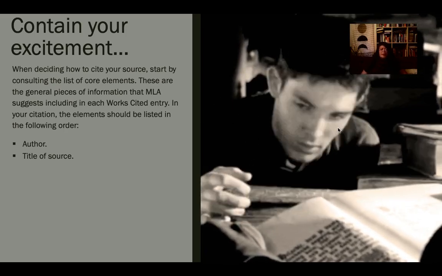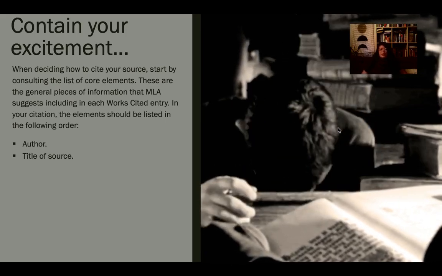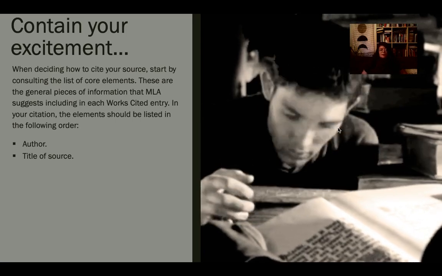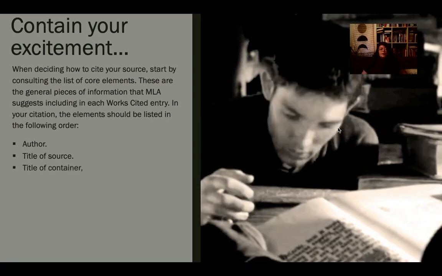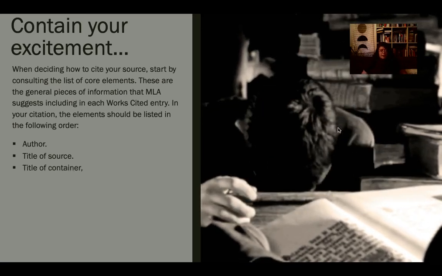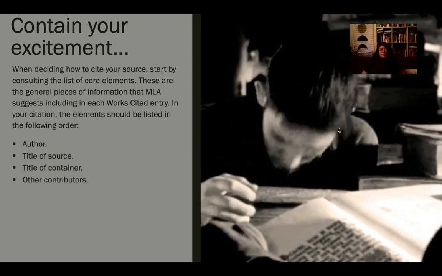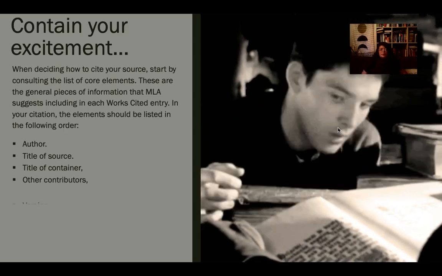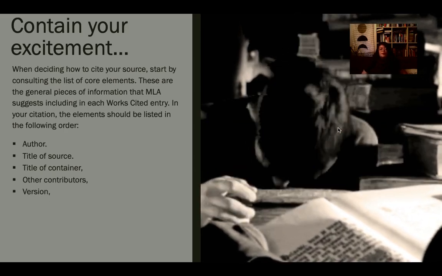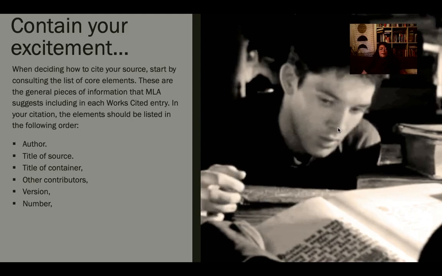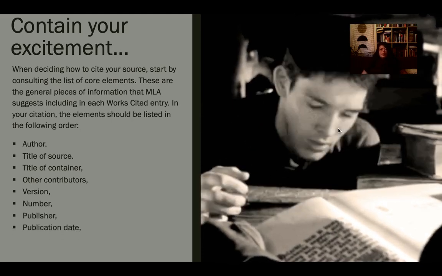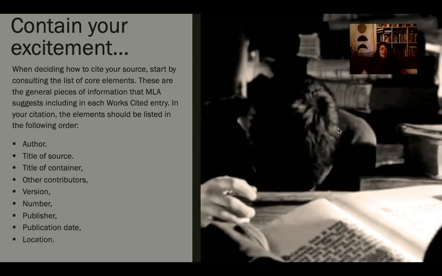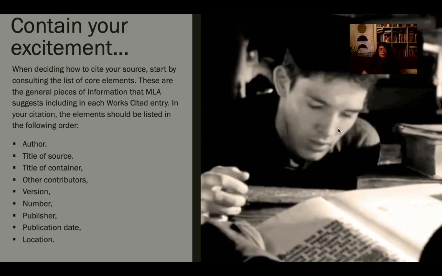Note too that we have the correct punctuation that follows these listings. So we have author, period, then title of source, period. Then we have title of container, comma. Other contributors, comma, version, comma, number, comma, publisher, comma, and publication date, comma, and then lastly, location, right?